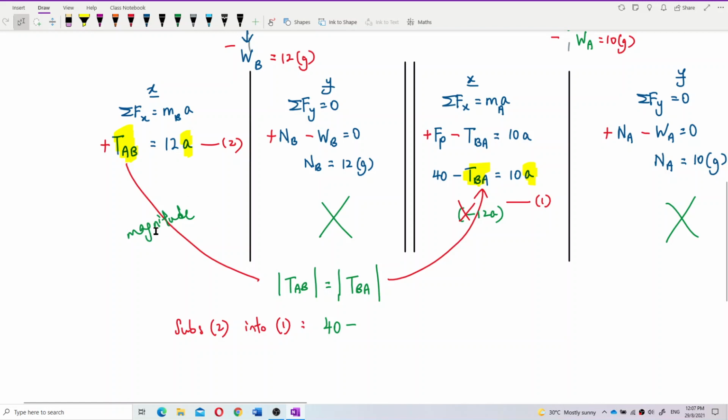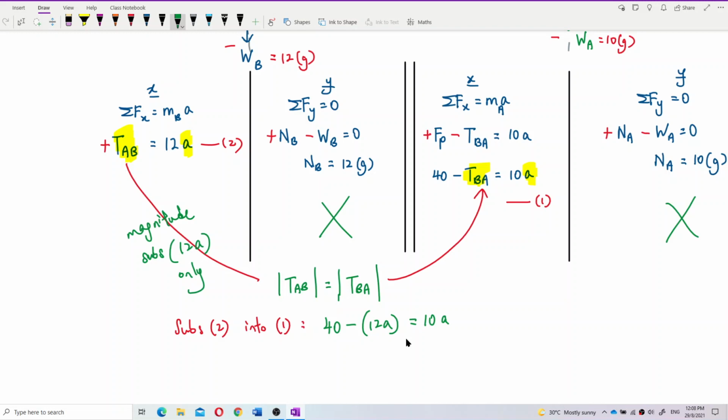We just substitute the magnitude, 12A only, not negative 12A.